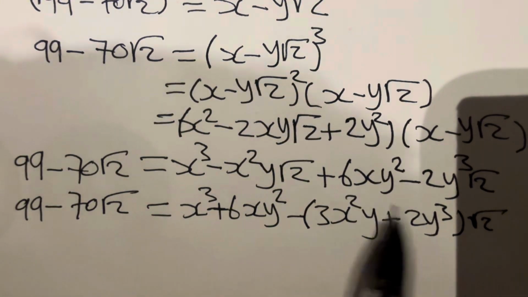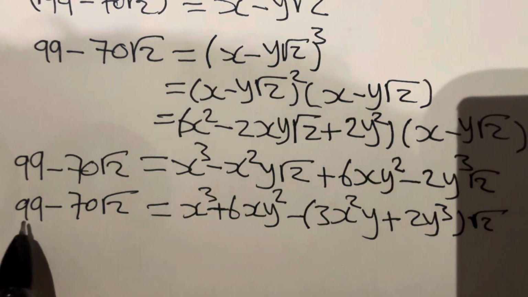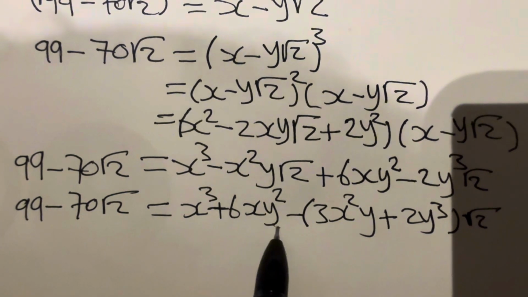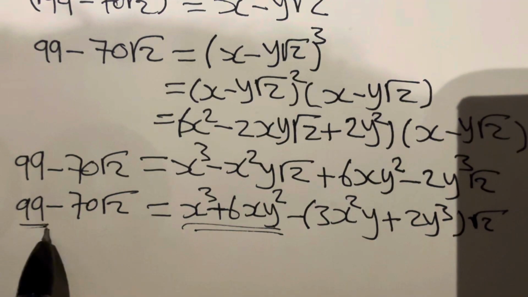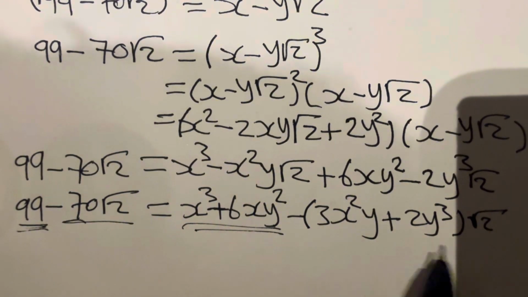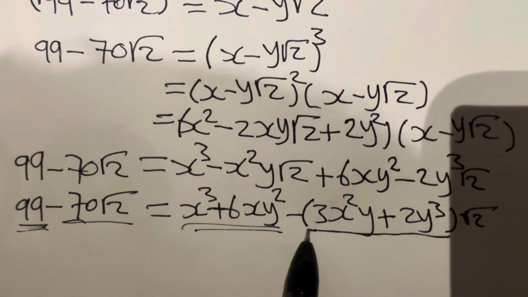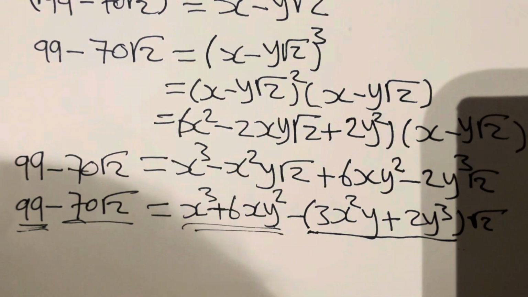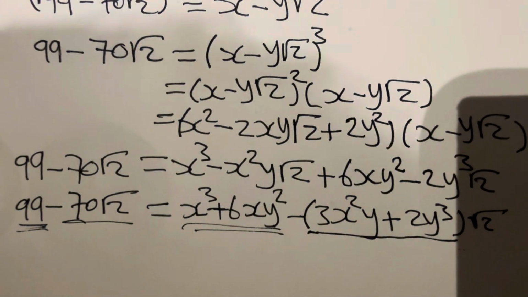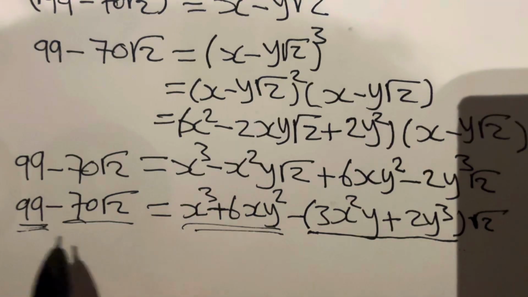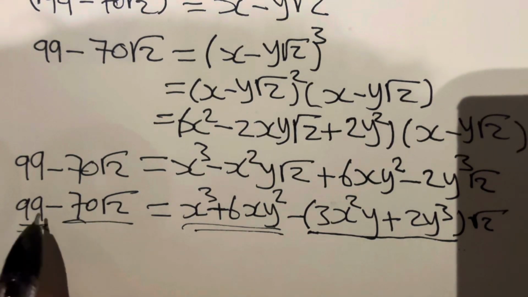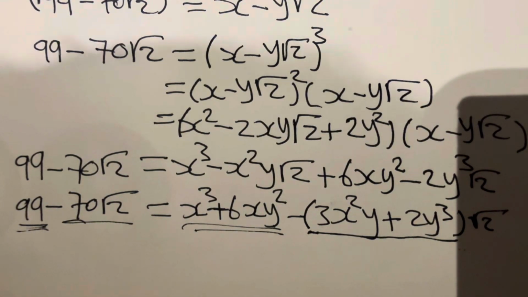So from this root 2 and from this root 2, this term and this term equal this term, and this term equals this term by looking at the equation of equality. By the law of equality, those two terms are equal to those two terms on the other side.